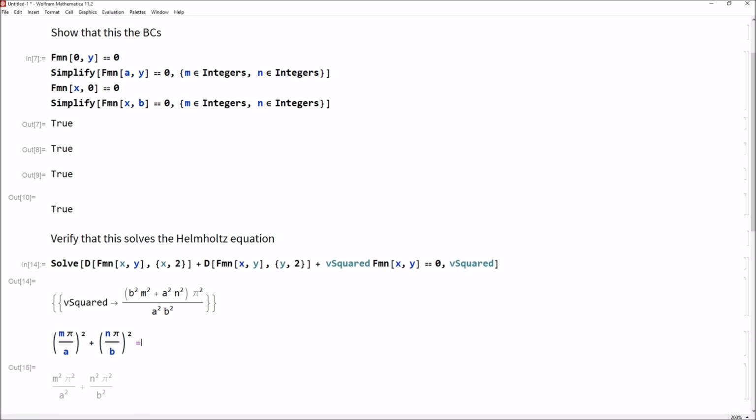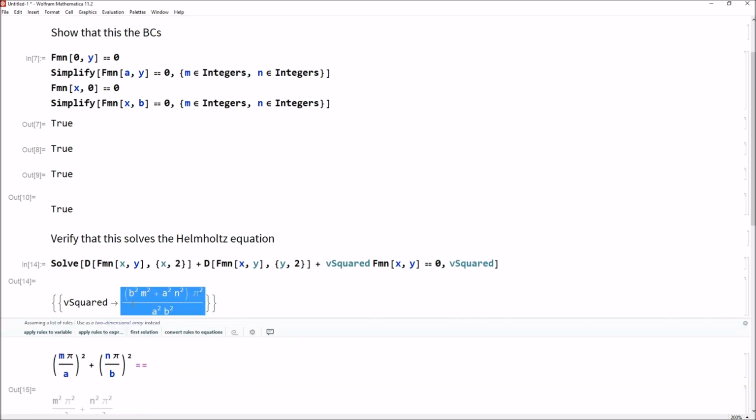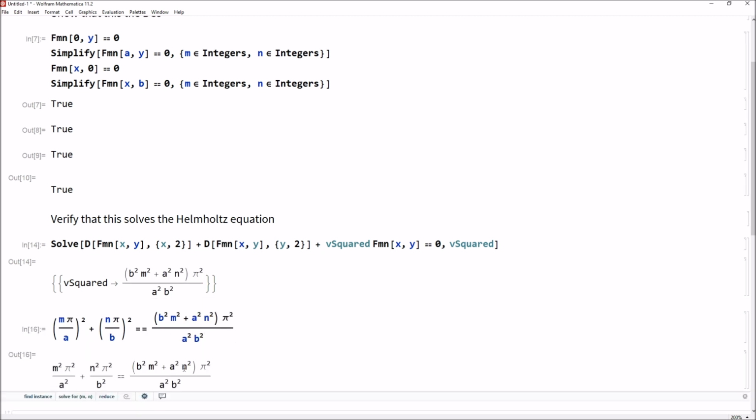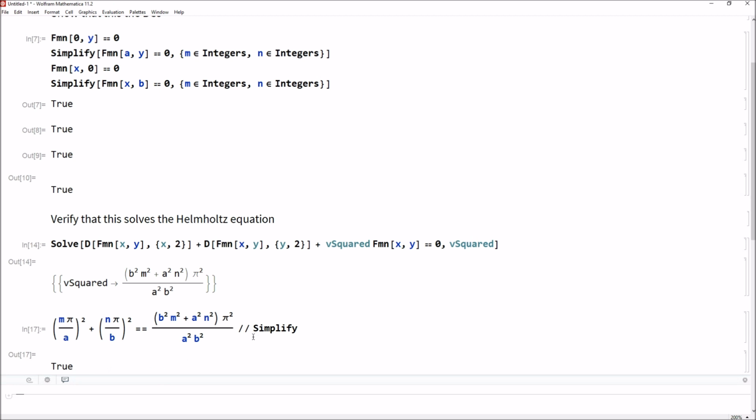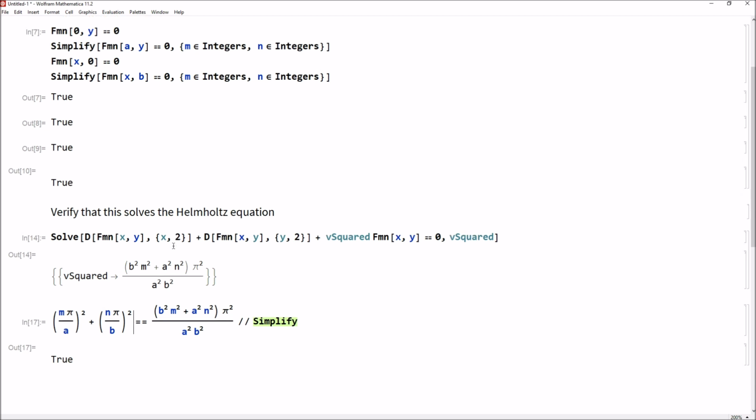Let's just double check that this is actually the same thing as this expression up here. Right, and maybe let's go ahead and simplify this. And it is. So we see that this is the very specific value of nu that has to happen here in order for our candidate solution to satisfy the Helmholtz equation.